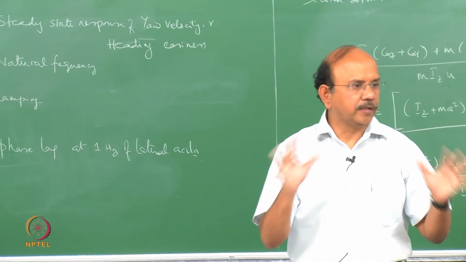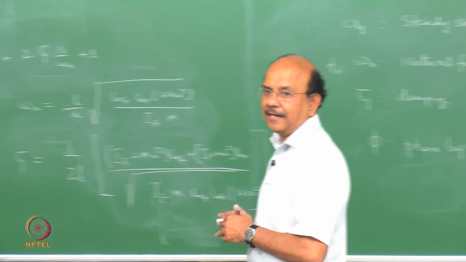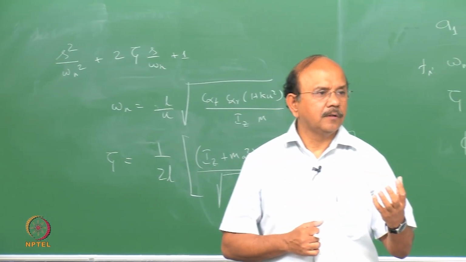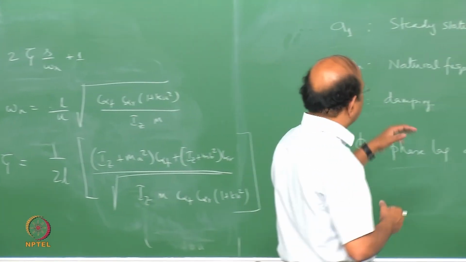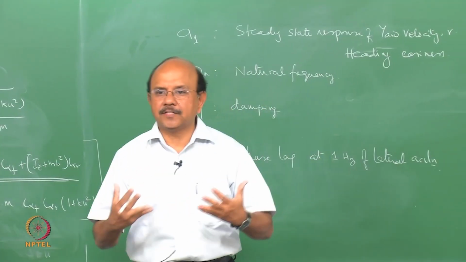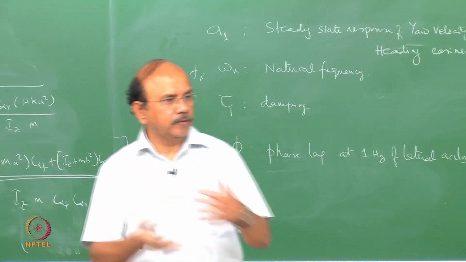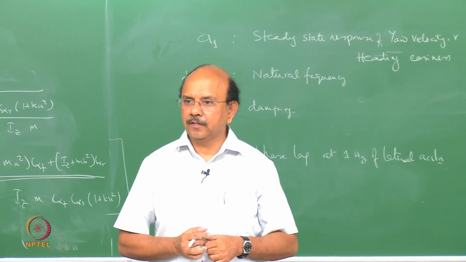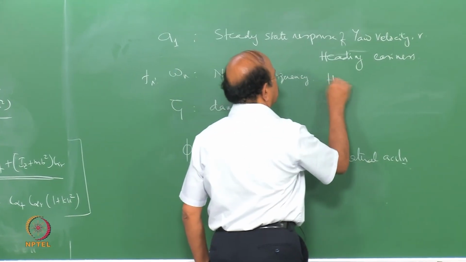Remember that you did those things for a second order system, and that those were functions of 1 by omega n. So omega n, in other words, gives me the responsiveness of the system. Heading, for example, now it's heading because that's what we use the word heading in order to understand the maneuverability. So we get what is called as heading responsiveness of the system.